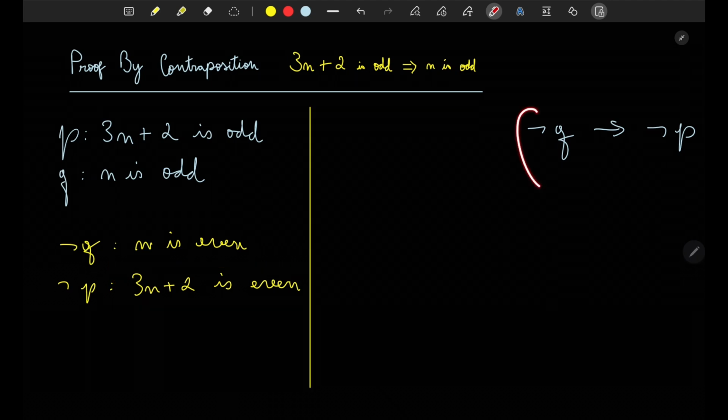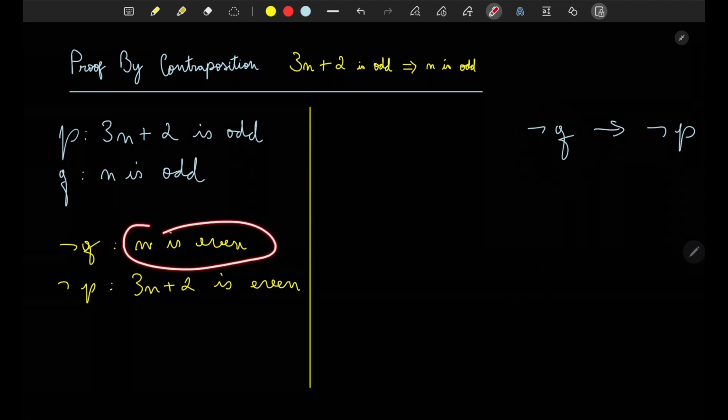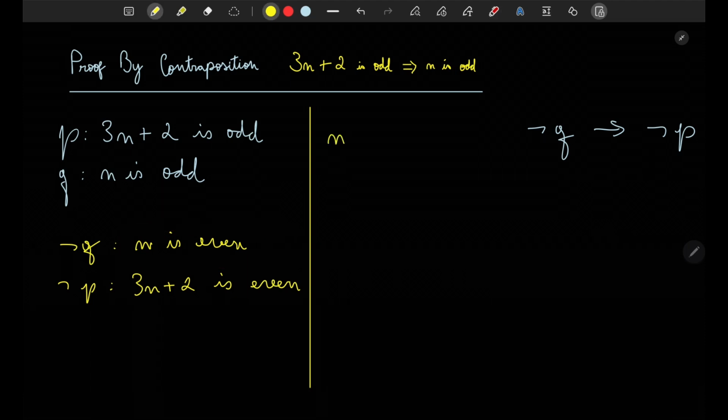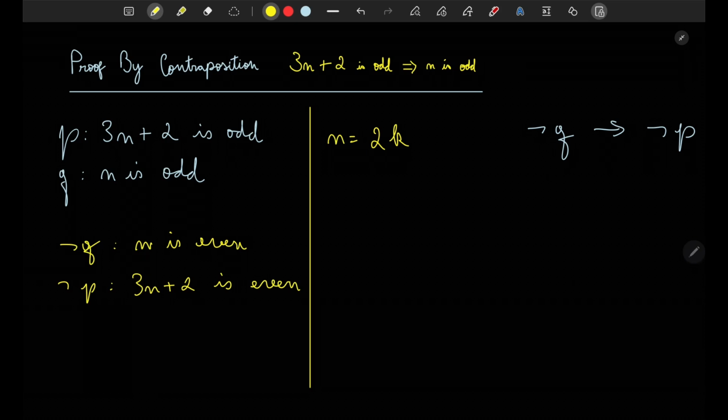So we will start by assuming not Q, which means assuming that n is even. If n is even, then n can be written as 2k, k being an integer. Every even integer can be written as 2 times any other integer.